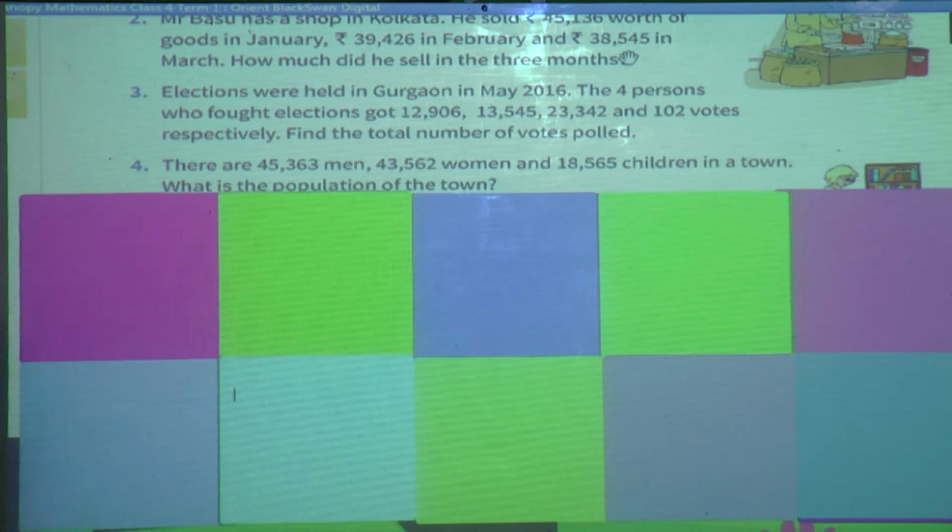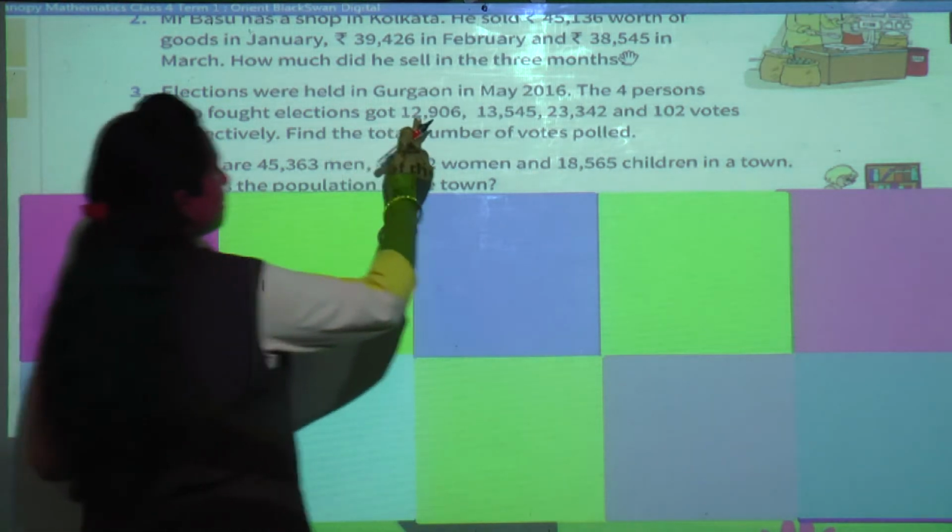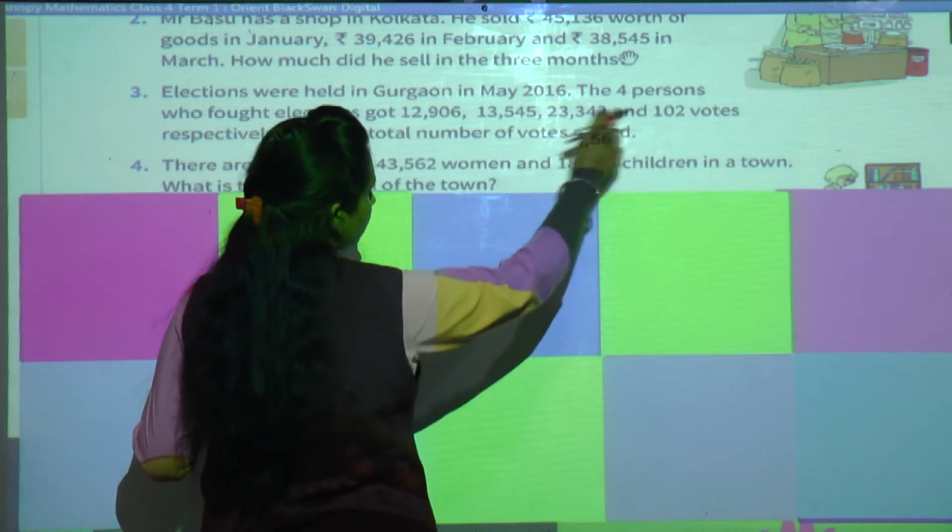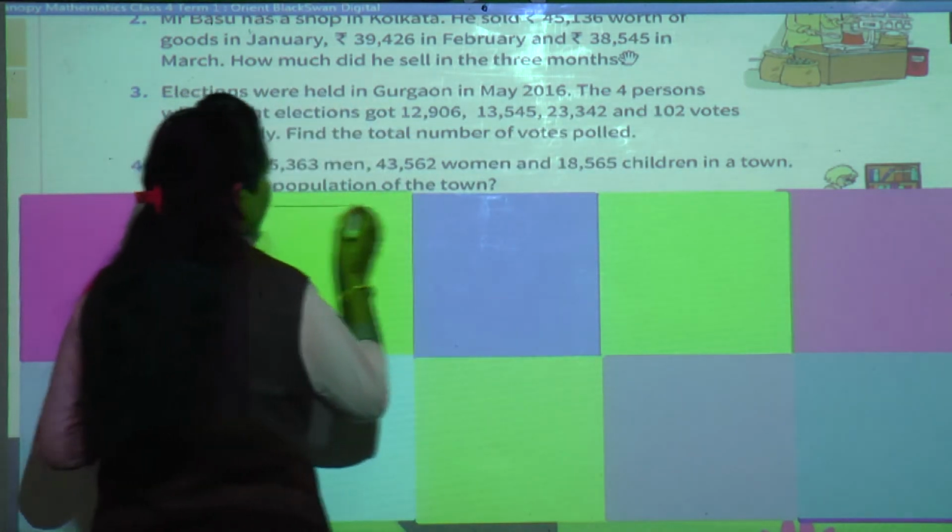Find the total number of votes polled. Okay, so here they have given the information about election votes. In that, 4 persons fought for the elections and they got votes respectively. Now how can we draw the drawing?